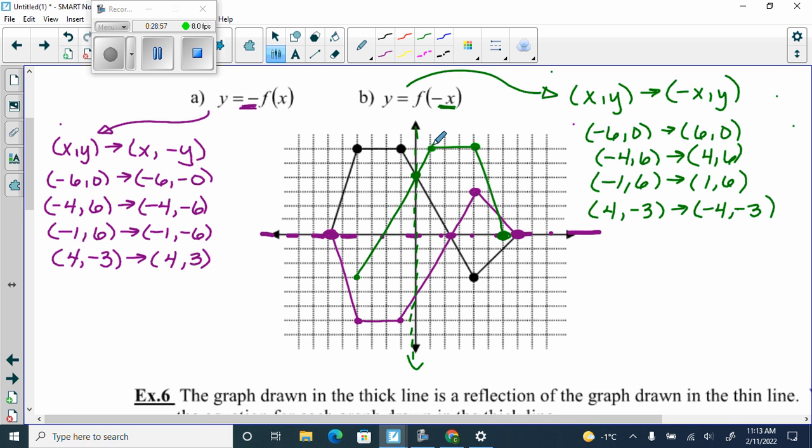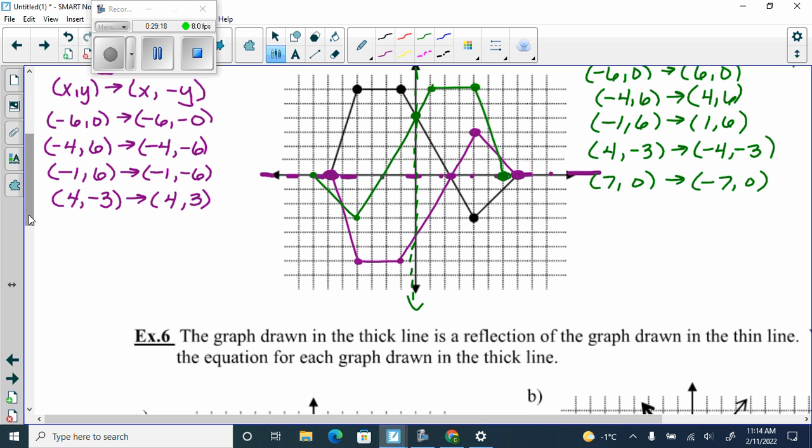Then 1, 2, 3, 4, 5, 6, 7, 0. So we can negative 7, 0. Okay.